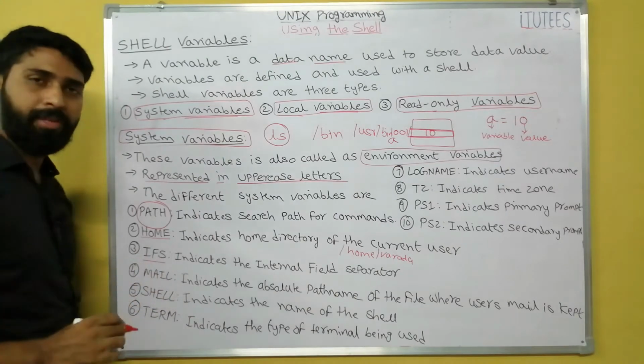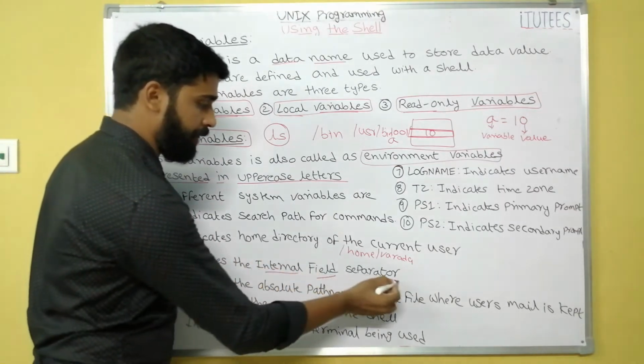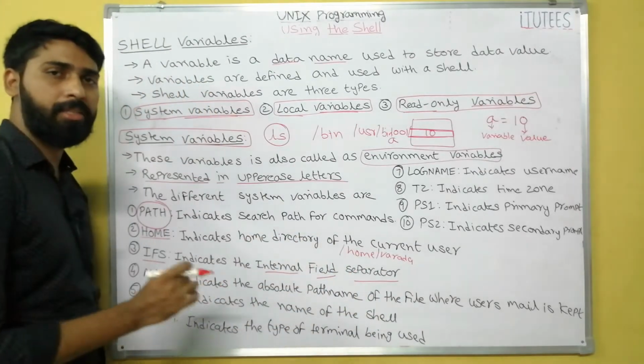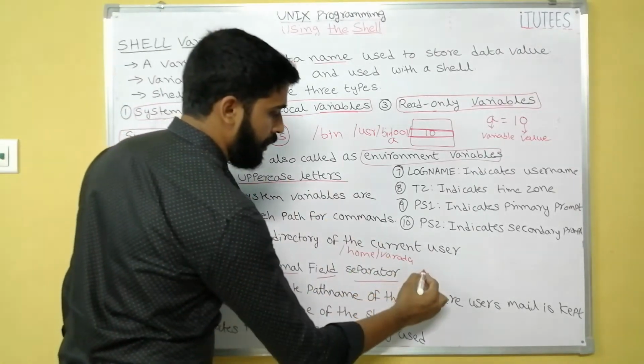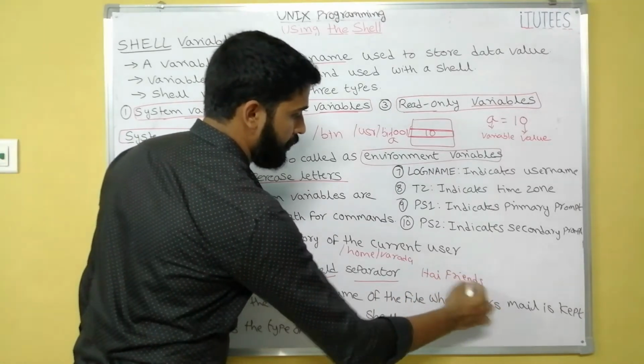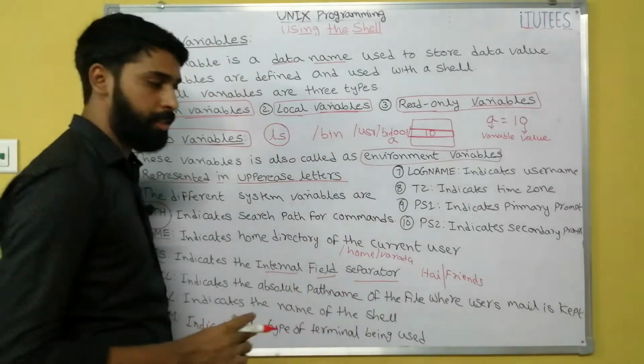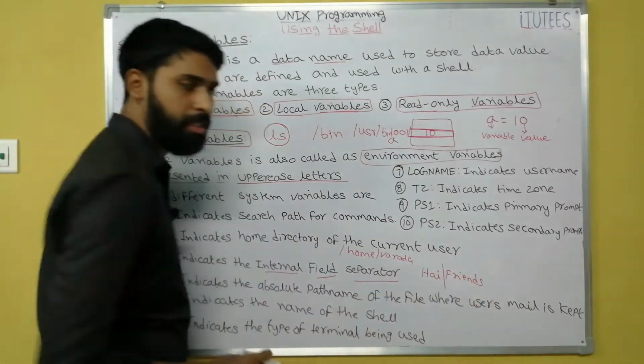Next, IFS indicates the internal field separator. So how can we parse a sentence? For example, hi friends. How can we parse this? If there is any space, then this is one word and this is the second word.